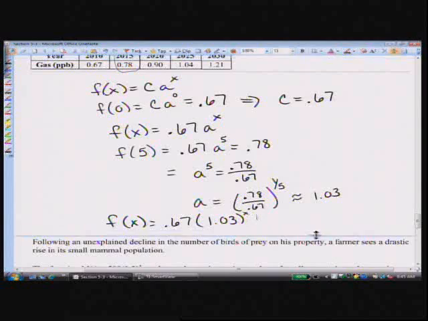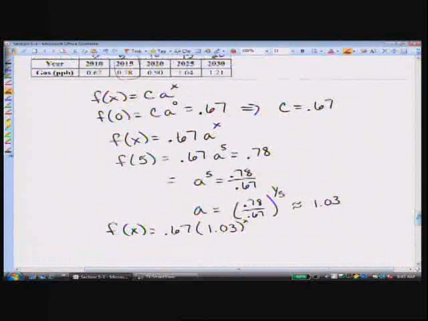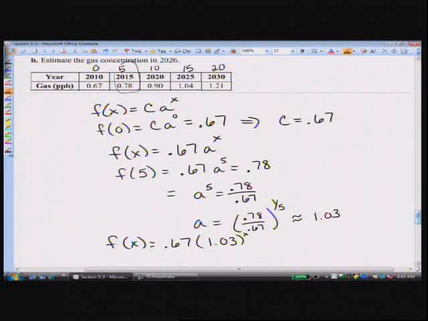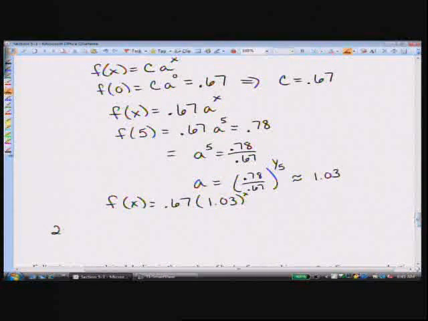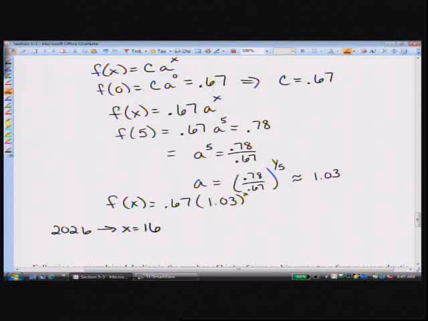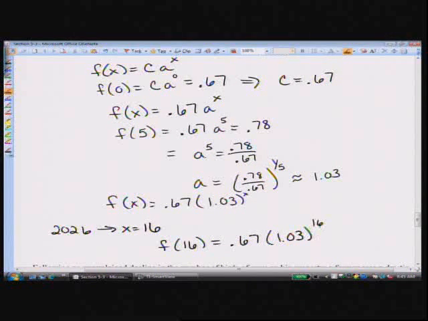That's your formula. And then the concentration in 2026 is going to be when x is 16. So 2026 implies that x equals 16. So f of 16 is going to be 0.67 times 1.03 to the 16th.